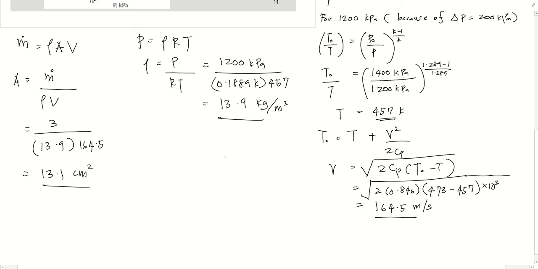So you get rho, you get area, and next you need to find the Mach number.